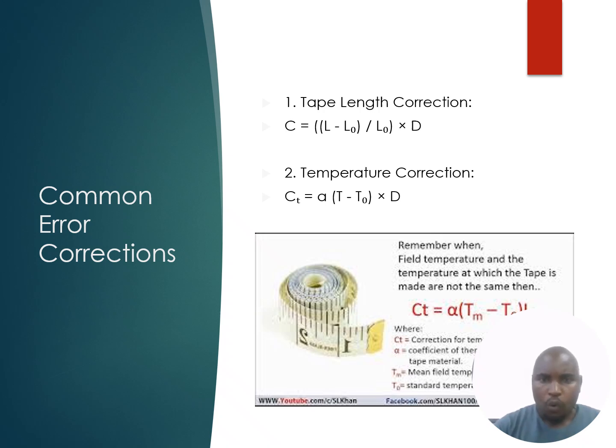Sometimes we lose a measurement, so we have short and standard lengths. When we use the tape, you have to understand how to measure and how to use the tape.